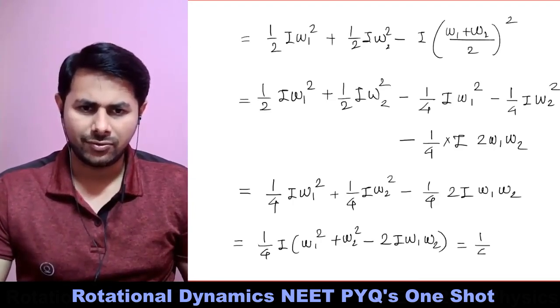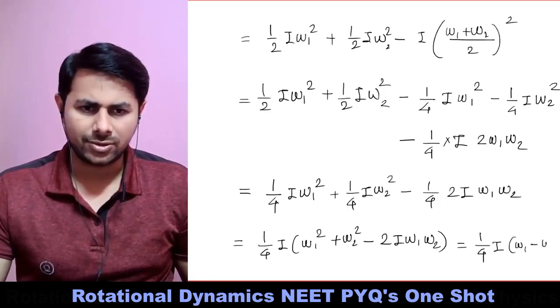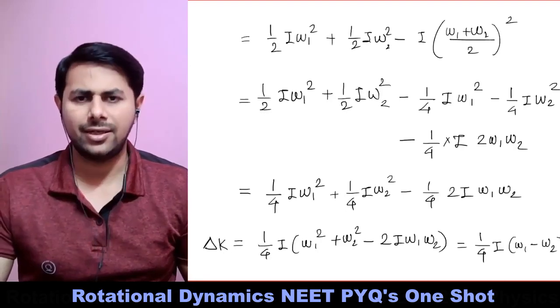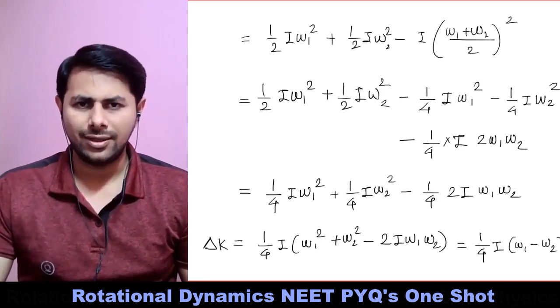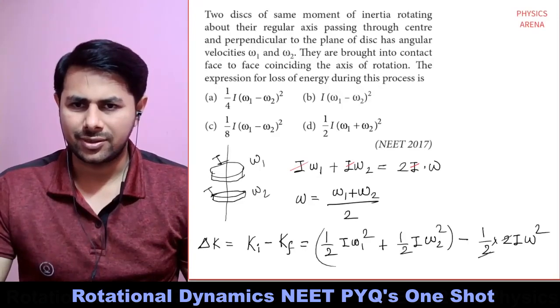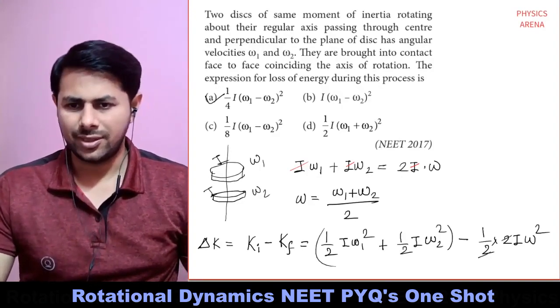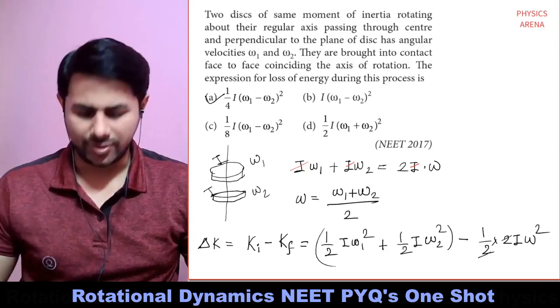So we have 1/4 of I multiplied by omega 1 minus omega 2 square. This much is the loss in kinetic energy. So it is option A. Option A is the answer. So is it clear, or is there a problem?